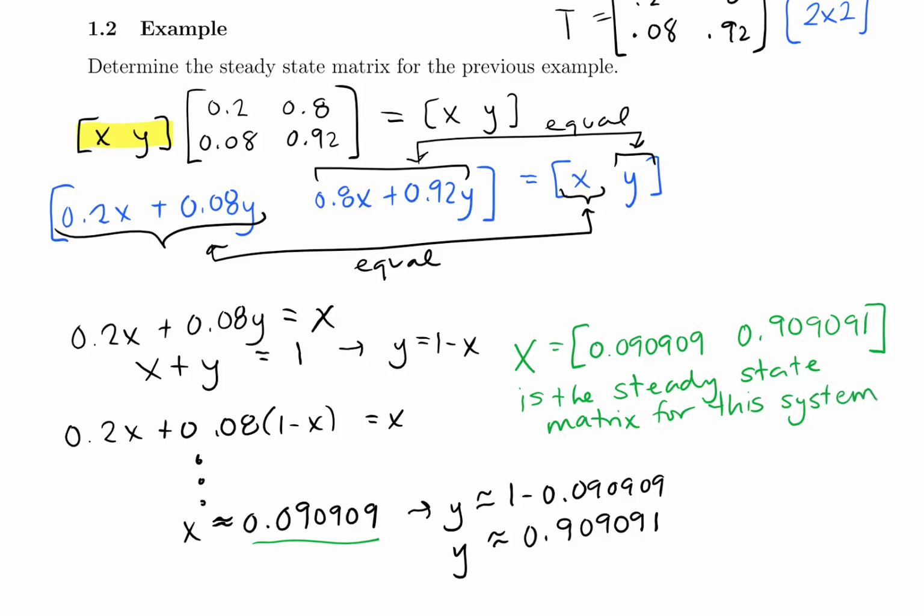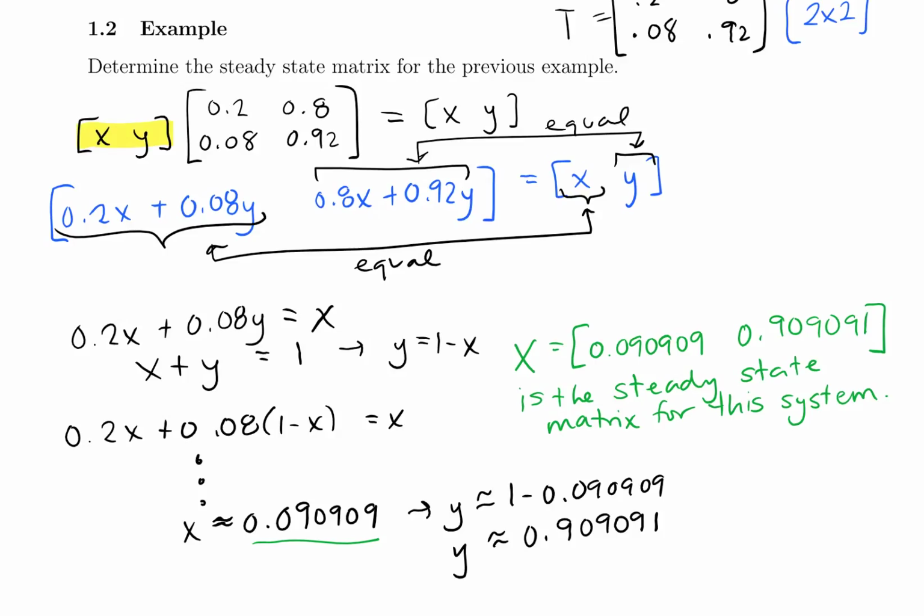What that means is that in the long run, if the system remains unchanged and kept going forever, we should expect that every year about 9.09% of drivers would be in a car accident, and about 90.9% of people not in a car accident. If you look back at the previous example, we started to see this at about 5 years.